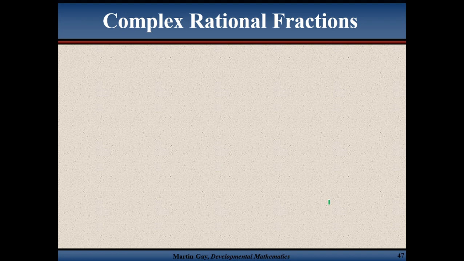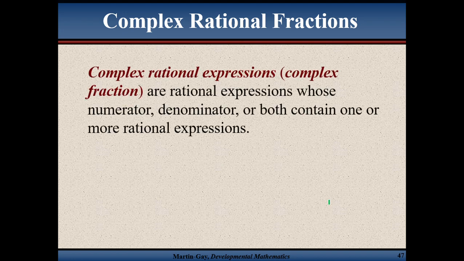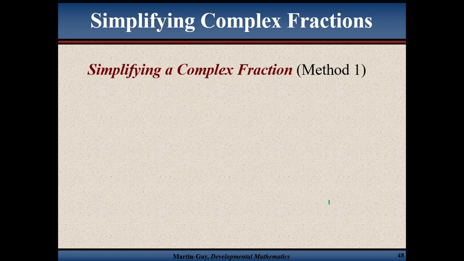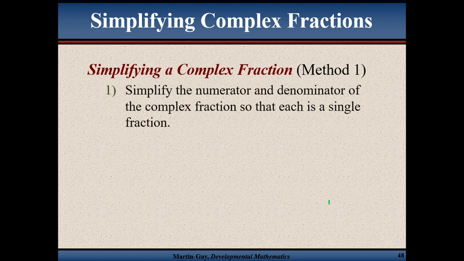Okay, complex fractions are rational expressions whose numerator, denominator, or both contain one or more rational expressions. There are two methods that can be used when simplifying complex fractions. We have method 1: simplify the numerator and denominator of the complex fraction so that each is a single fraction.